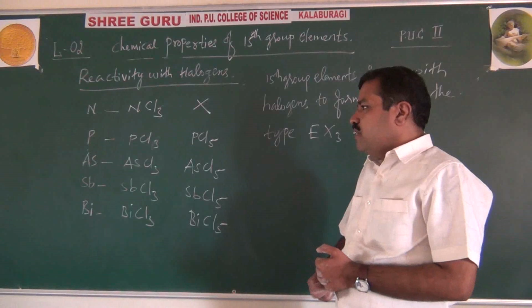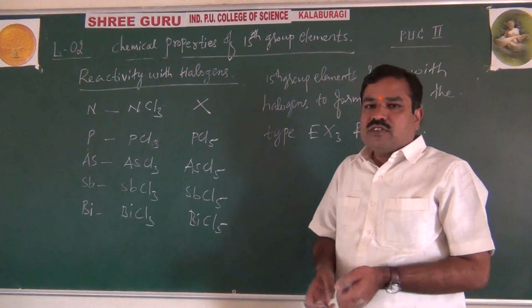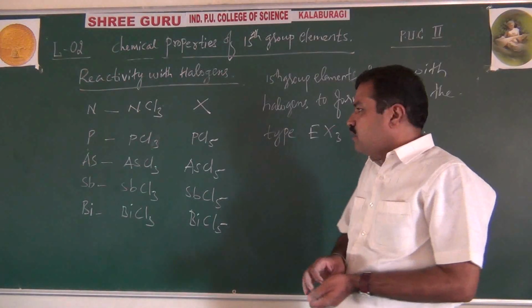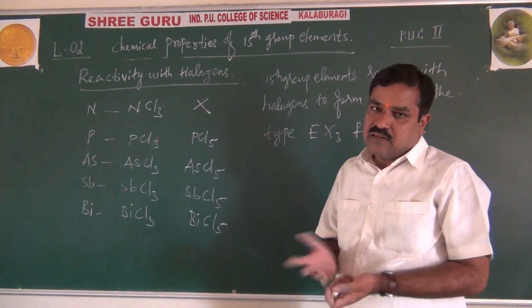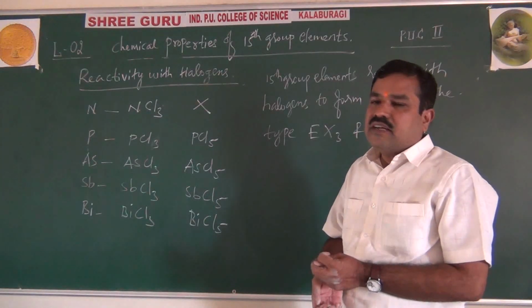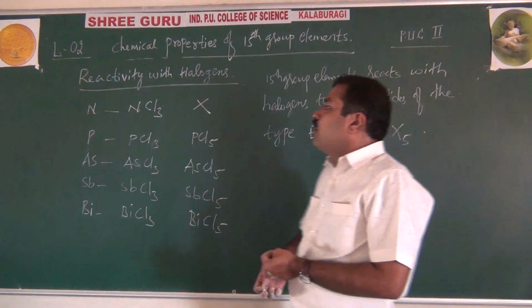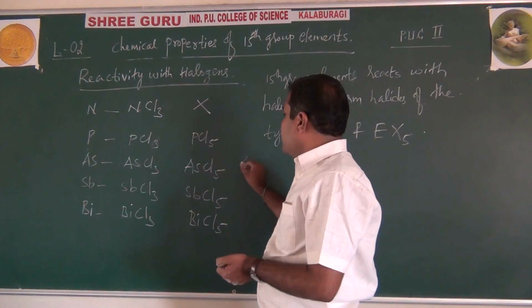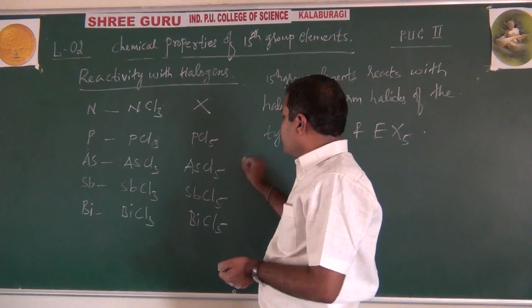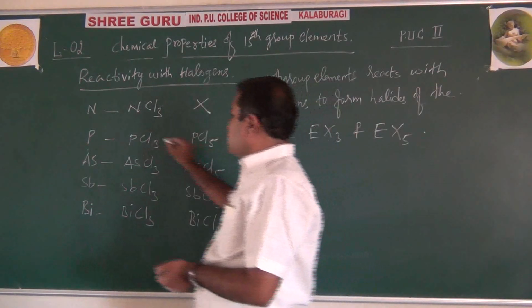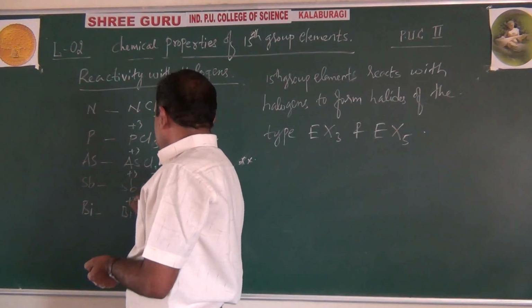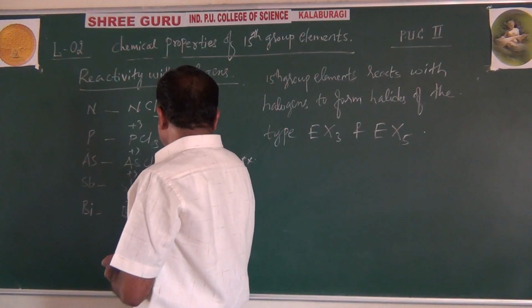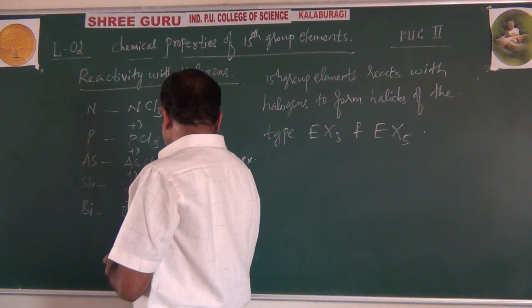Pentahalides can be fluorine, chlorine, bromine, iodine. But most stable one is fluorine. Okay. As the size of the central atom decreases, definitely stability also decreases. But remember, here also point to be noted, trihalides here +3, +3, +3, +3. Pentahalides +5, +5, +5, +5.